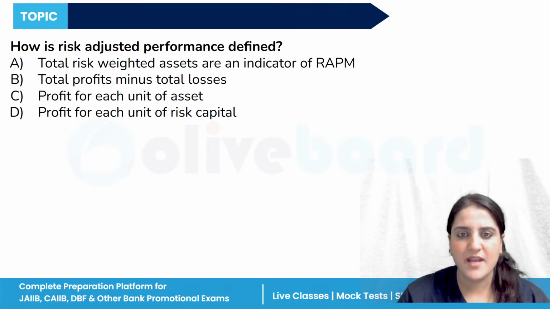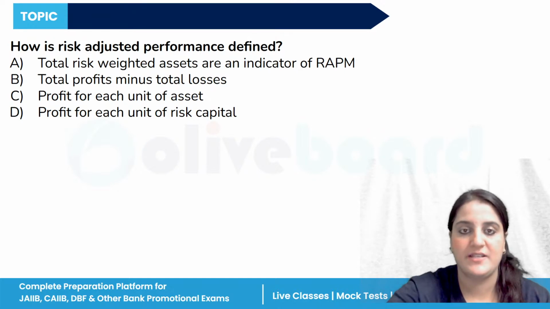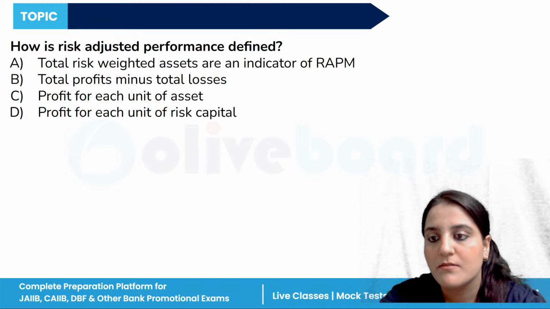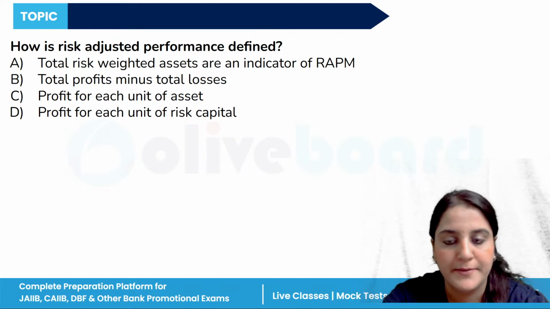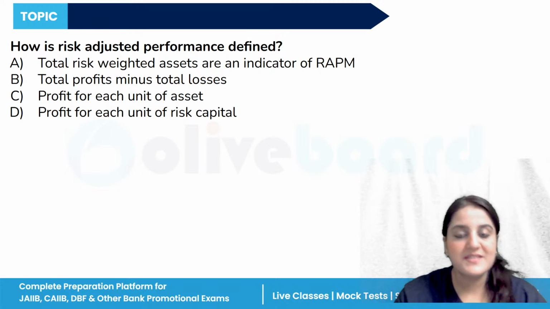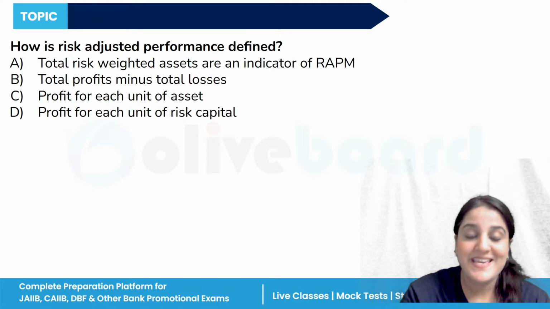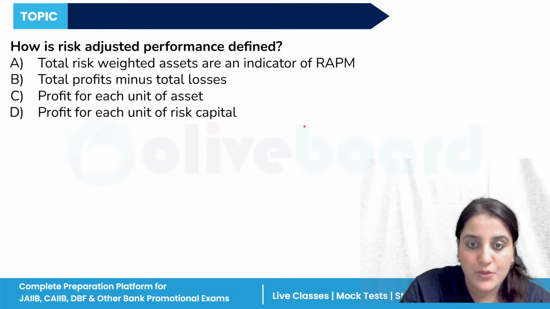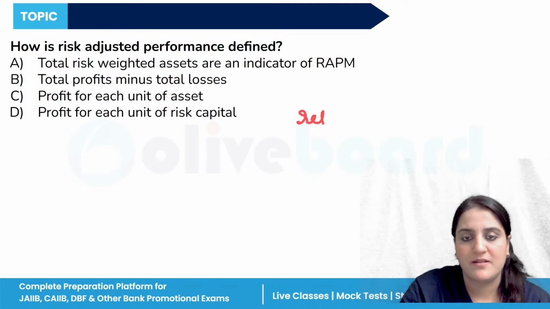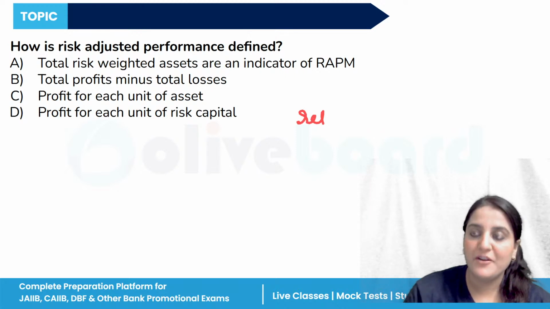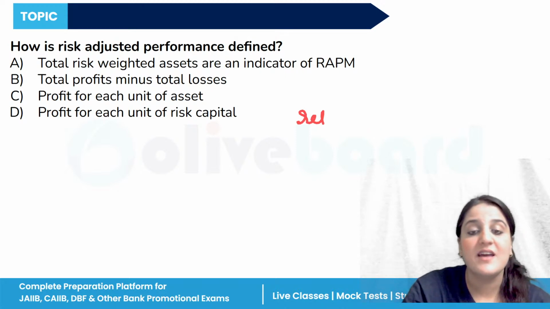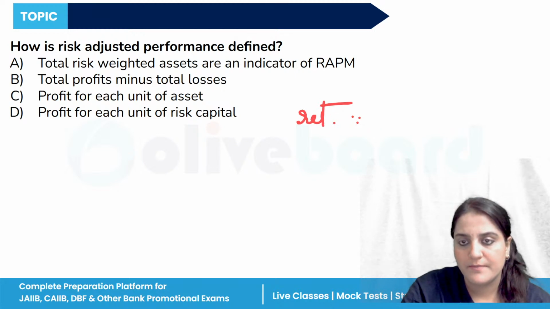How is risk adjusted performance defined? I think this is easy. Risk adjusted performance is the measure to evaluate the return on an investment or the performance of an asset while considering the risk associated with it.